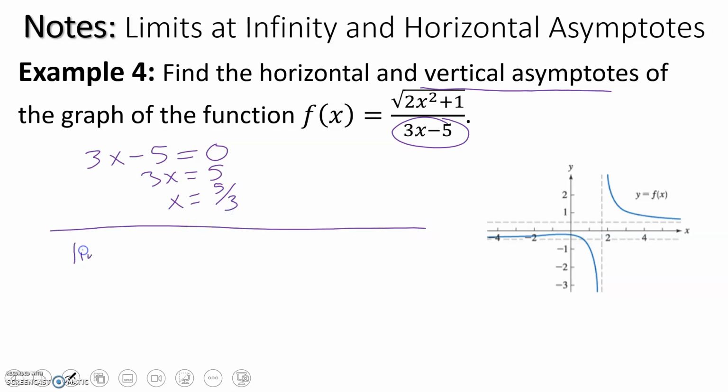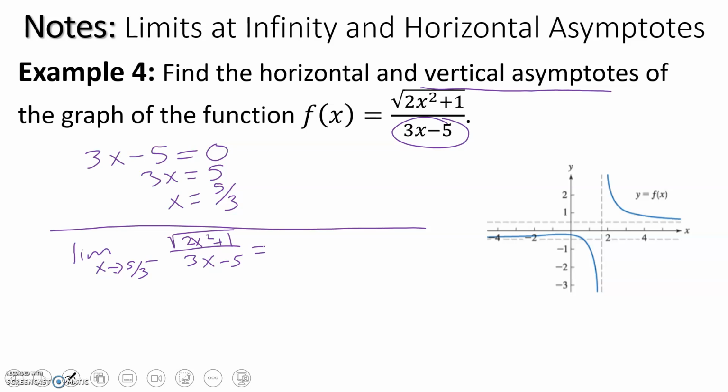So in terms of calculus, we'll say the limit as x approaches 5/3, let's do from the left, of our function, which is square root of 2x squared plus 1 over 3x minus 5, right? And then if we try to plug in 5/3 from the left, then the value in the denominator will become really, really close to 0.